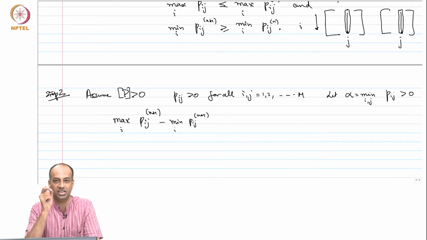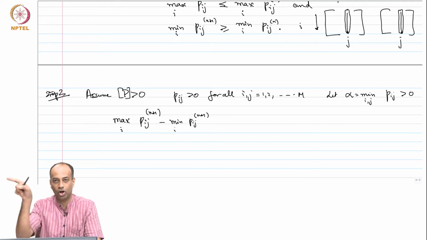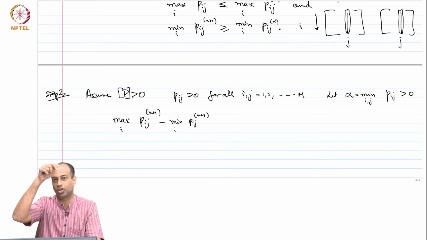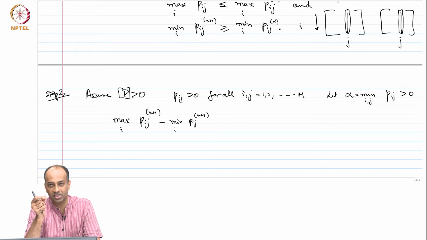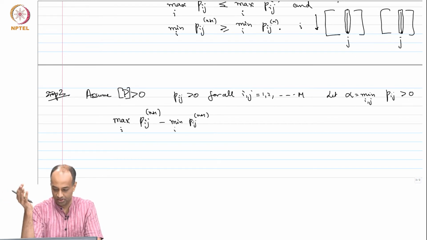Remember that each Pij is strictly positive. So if you go over all the columns and all the rows, look at the smallest element of your transition probability matrix, that will still be a strictly positive number. You call that number alpha. Alright.